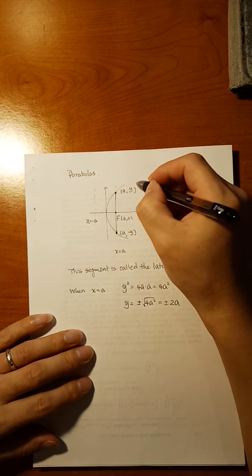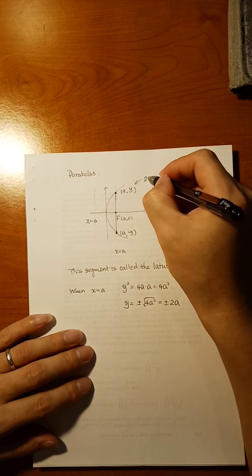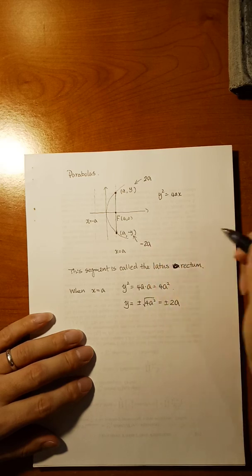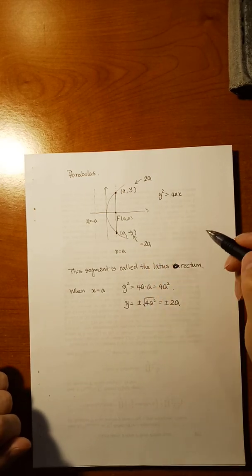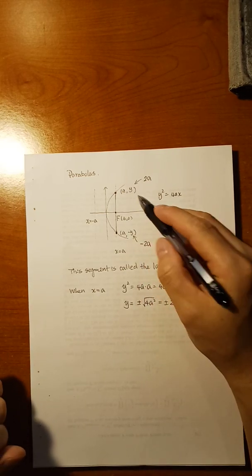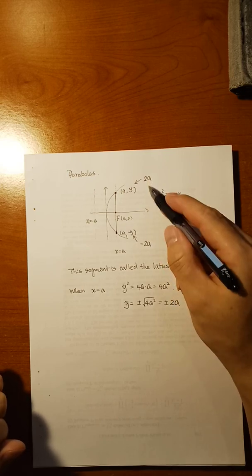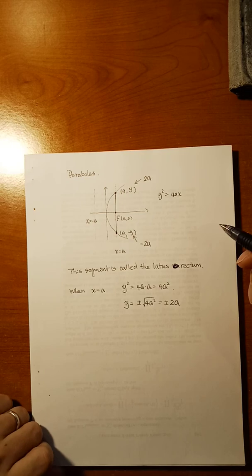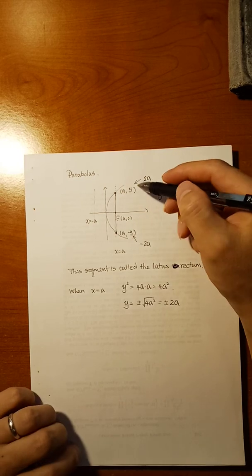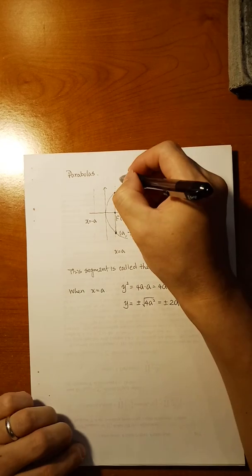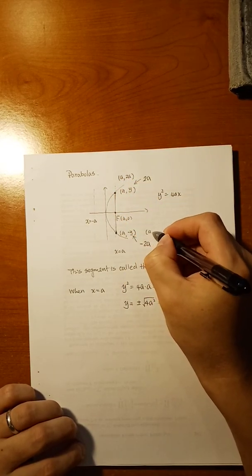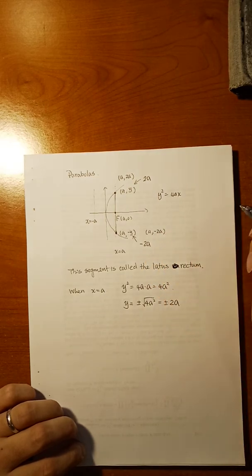So the top is y equal to 2a, and the bottom is y equal to -2a. That's why the top and bottom have different signs. So that is the coordinate. The top has coordinate (a, 2a). The bottom has coordinate (a, -2a).